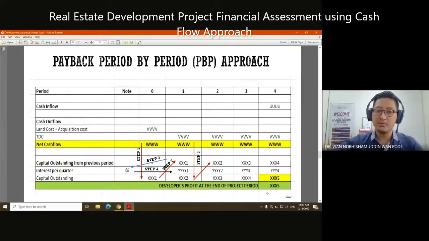This profit can be used to estimate the ratio from GDV, and we could also use this profit to estimate the ratio from TDC, so as to determine the viability measurement of a certain development project.